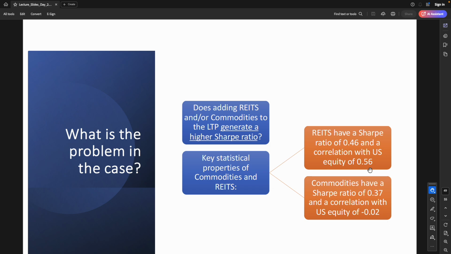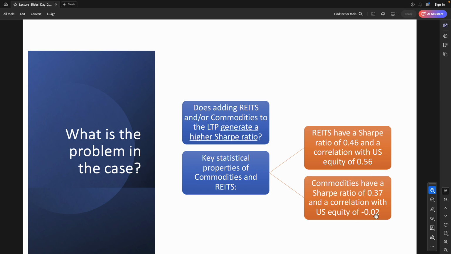And here I picked out one number to highlight the argument: the correlation with US equity is 0.6, which is not spectacular because foreign equity has a 0.6 correlation and has a higher Sharpe ratio. So I can already see that REITs are a bit of a lame duck in that thinking once I go multidimensional, because it gets dominated by foreign equity.